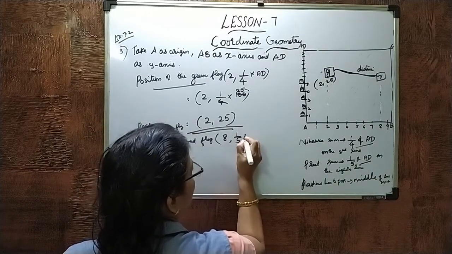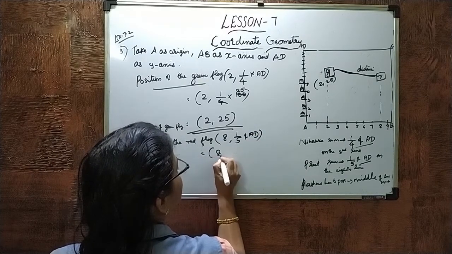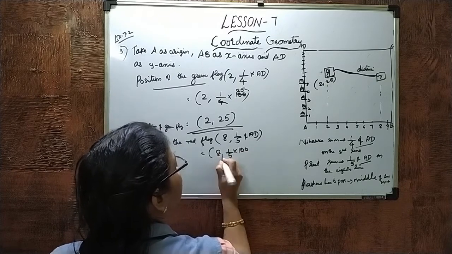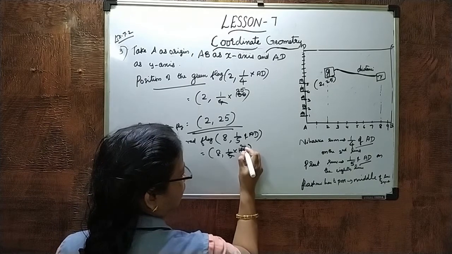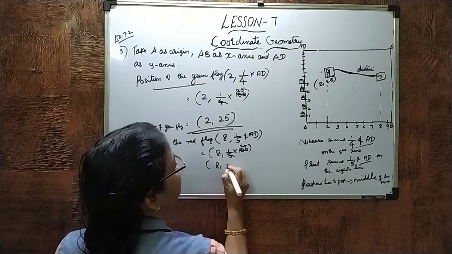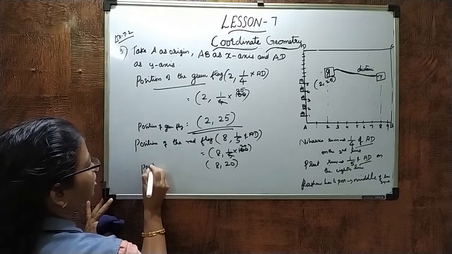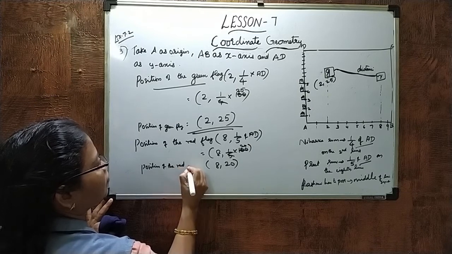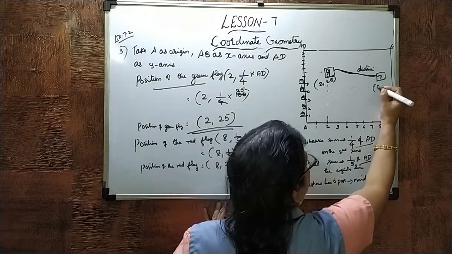So it will be 8, and 1/5 into AD, which is 100. The 5 and 100 we can cancel, so it is 8 and 20. So the position of the red flag is (8, 20).